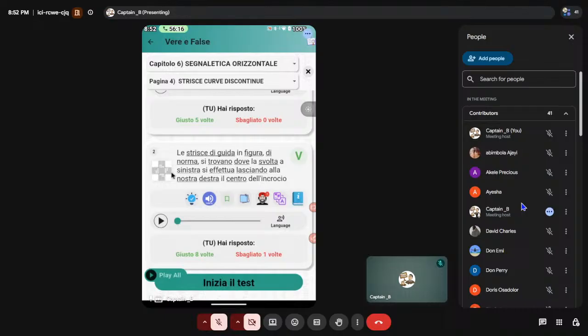Left to turn to left. Okay? So you don't have to stay on your right to turn to your left. Good. Normally, si trovano, you will find it dove, where la svolta, where you will turn a sinistra. You will find it where you will turn to your left.